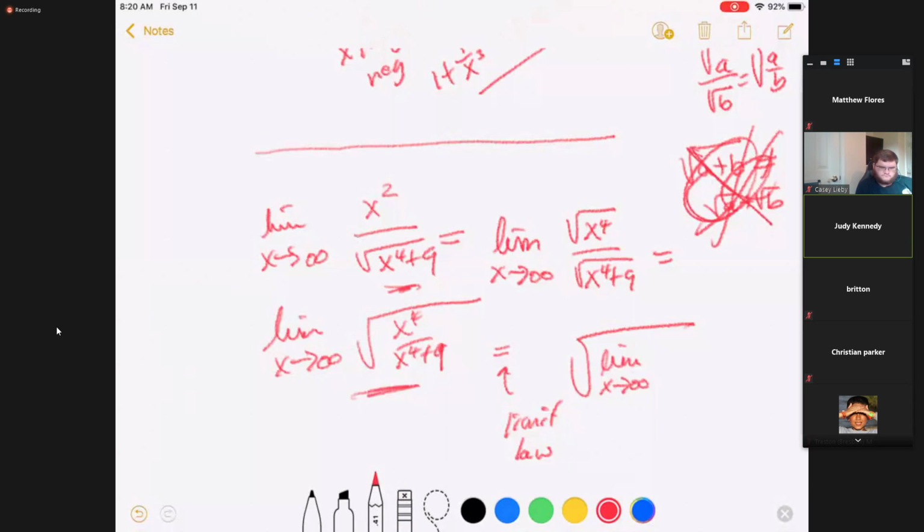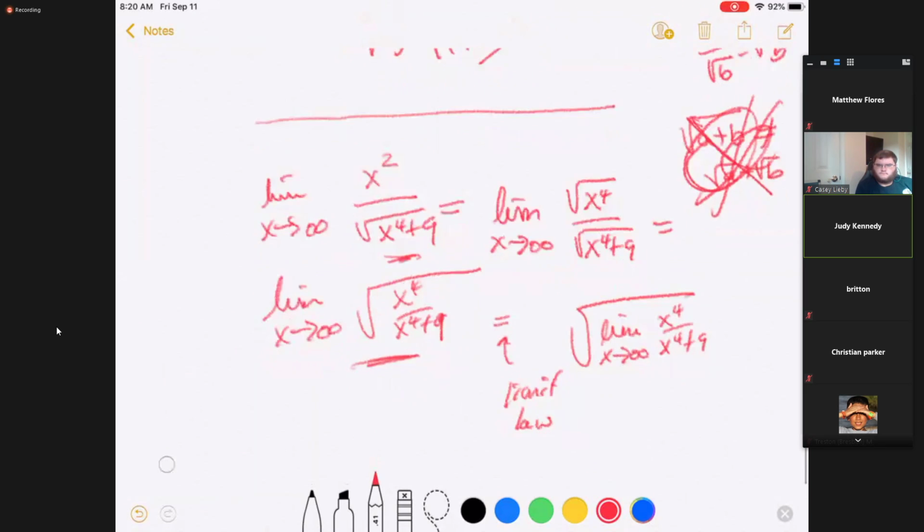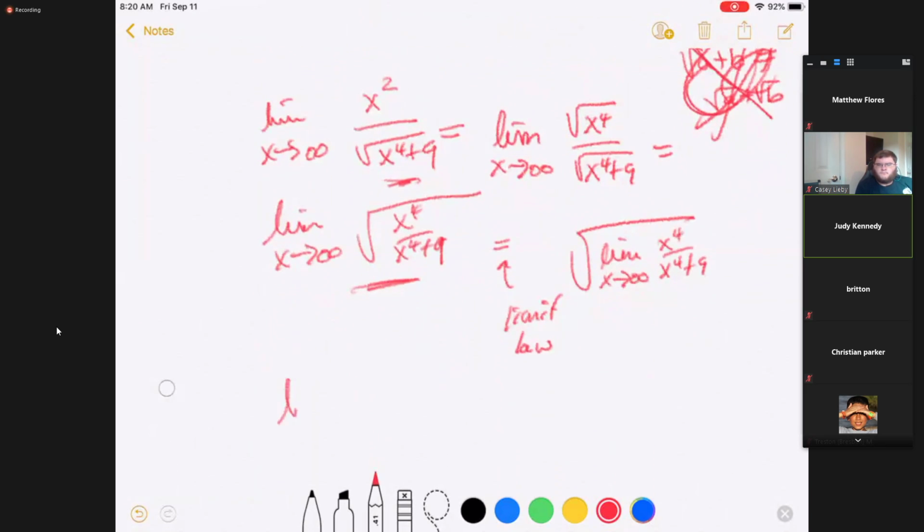But that's x to the 4th over x to the 4th plus 9. And if I take the limit as x goes to infinity of just what's under the radical there, that's equal to the limit as x goes to infinity.